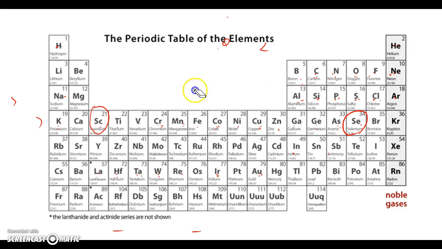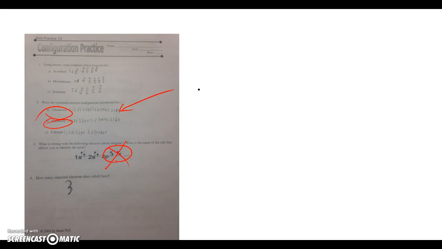Okay? That's what I'm thinking the sheet is asking. Use arrows, write complete orbital diagrams. Yeah, I think, Daniel, that those may not be right.